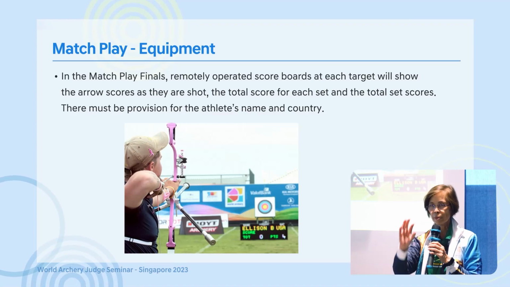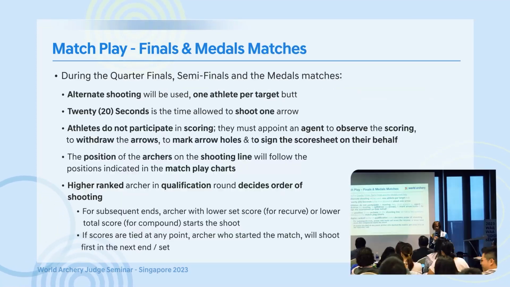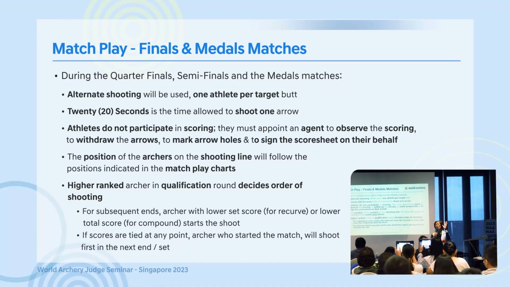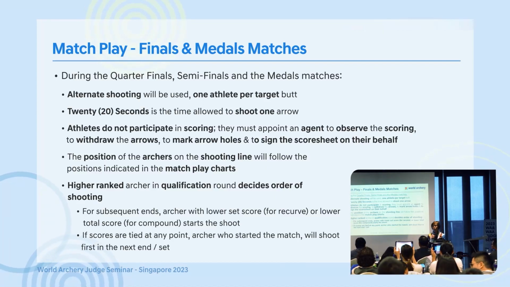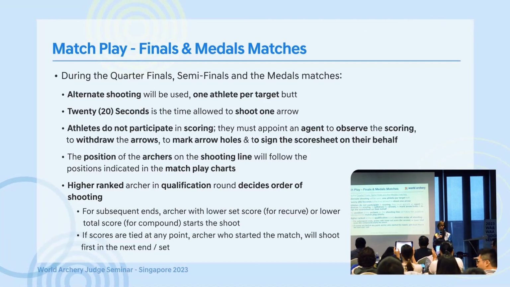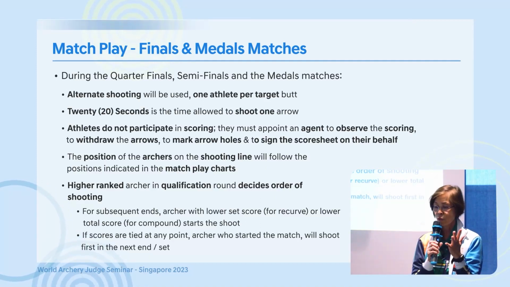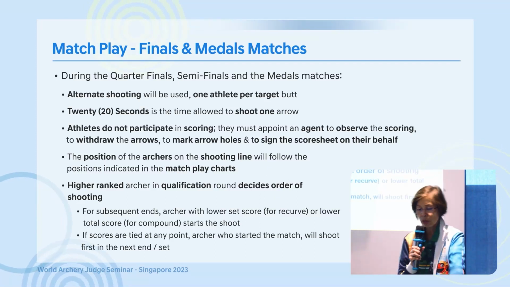And also there must be provision for the athlete's name and their country. Now, for the finals and medal matches, technically the quarterfinals are the finals, but actually in practice we don't follow this. We do only the medal matches, okay? But for the sake of, because that's still in the rule book.